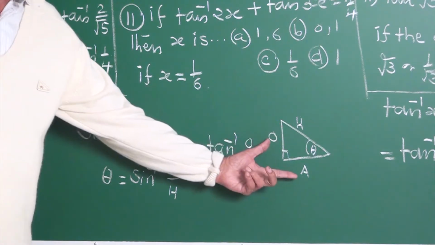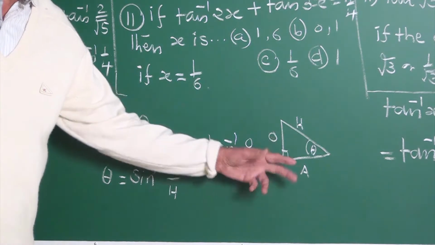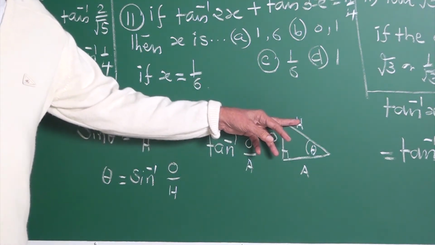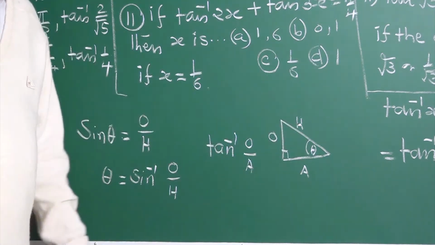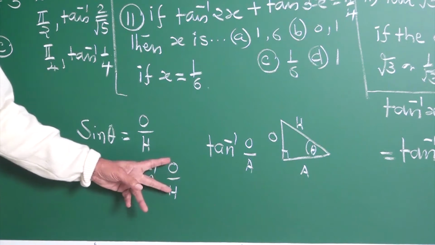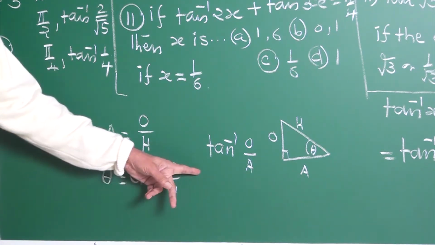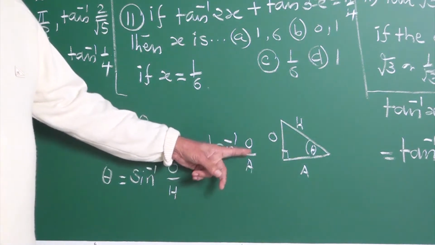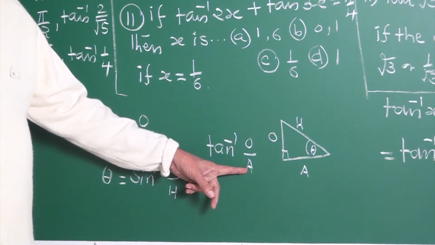Among the three sides, if any two are given, the remaining can be determined by using the Pythagoras theorem. Here opposite and hypotenuse are given, so we can find the adjacent side. Here opposite and adjacent are known, so you know how to find the hypotenuse.